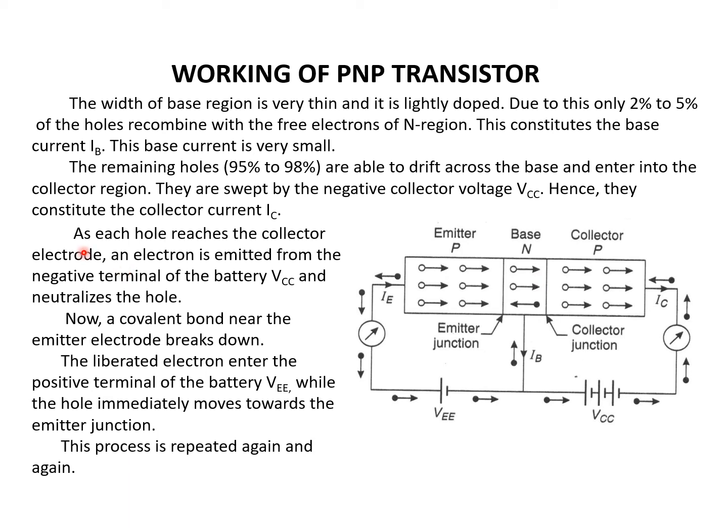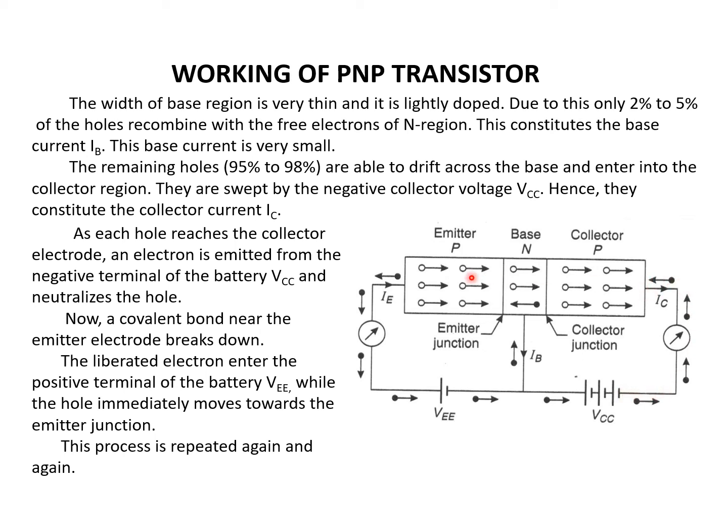Here what happens? As each hole reaches the collector electrode, an electron is emitted from the negative terminal of the battery VCC and neutralizes the hole.